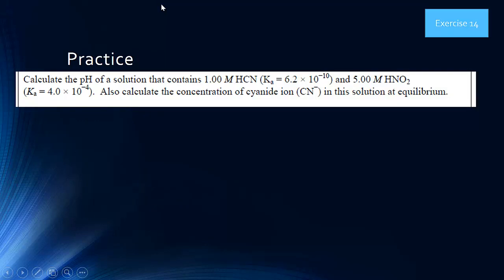I have two weak acids. I've got hydrocyanic acid and nitrous acid. We need to determine the concentration of the cyanide ion in solution.